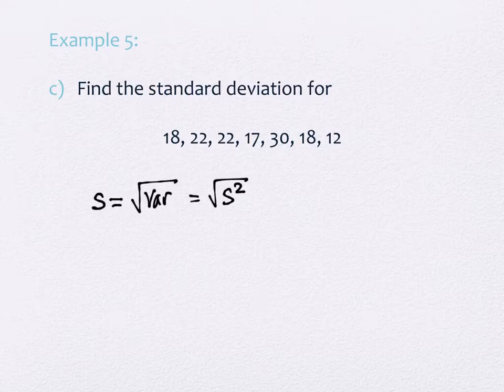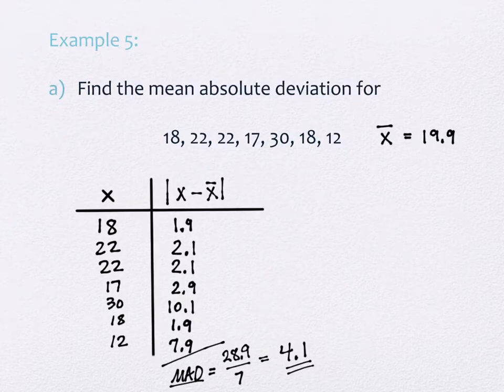When I have a sample of the data, I'm using S and S squared. If I were doing a whole population's worth of data, I would actually be using sigma, which is a Greek letter, and for the mean, I would not be using X bar. I would actually be using mu. So mu is the mean for a population of data.